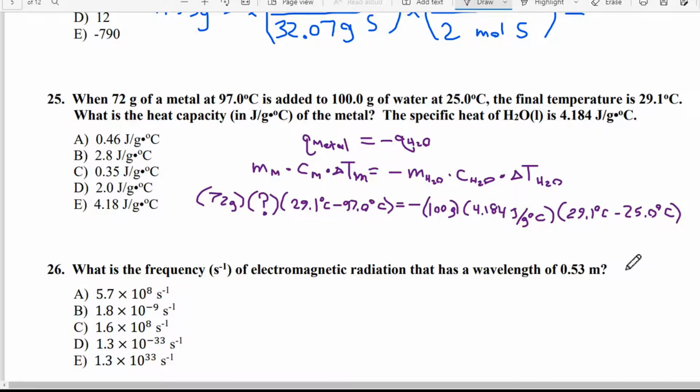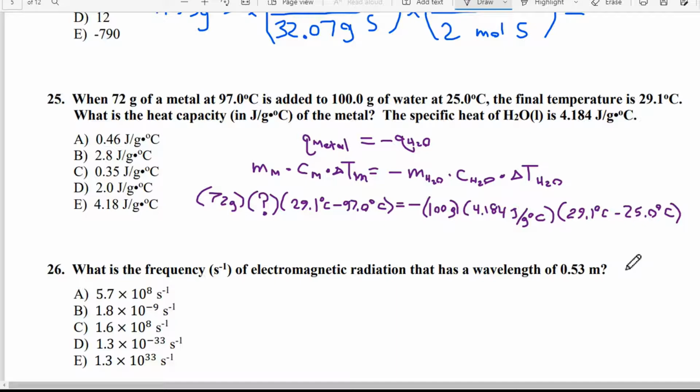They have the same increment amount, but they start from different points. If you did the change in temperature in Kelvin, all I would do is add 273 to the 29.1 and 273 to the 25.0, and so it would end up just canceling out anyway. But generally speaking, unless it's a change, we always use Kelvin in chemistry. We never use Celsius, unless it's a change, and for a change we can get away with it.